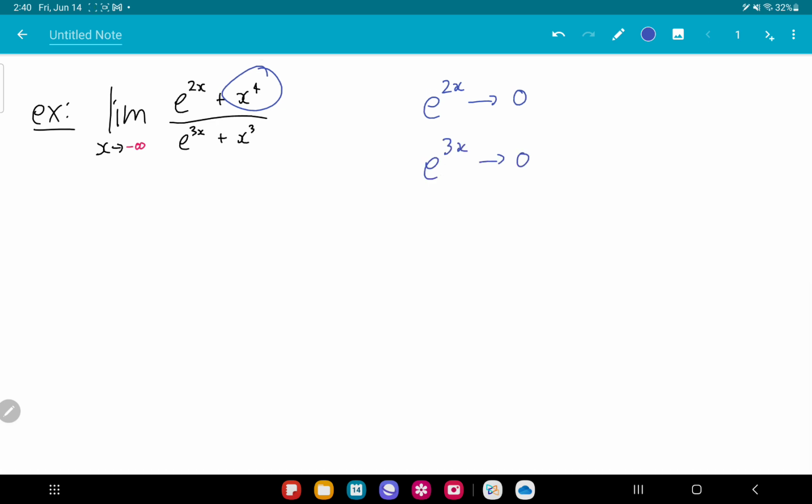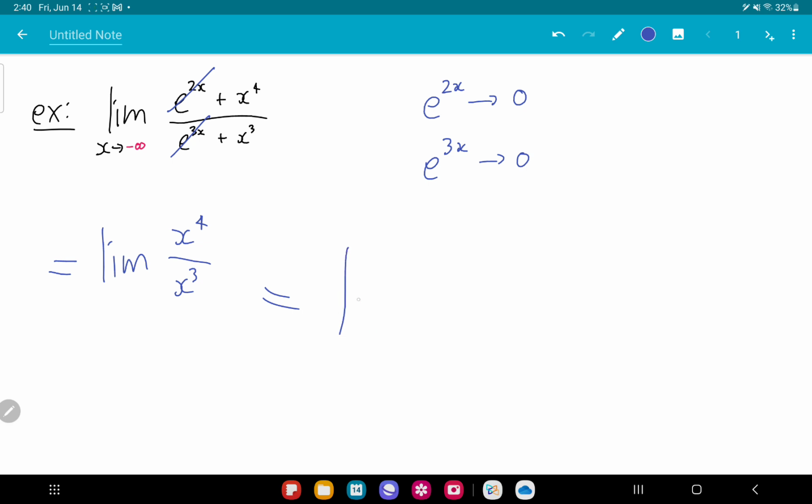So my dominant terms are different now. Okay, I'm going to cancel these exponentials because they are small, they're approaching 0, but these polynomials are actually getting large. So a big difference whether you're going to plus infinity or minus infinity.